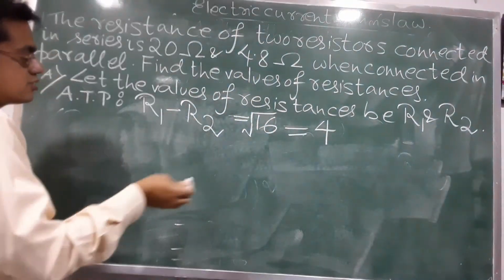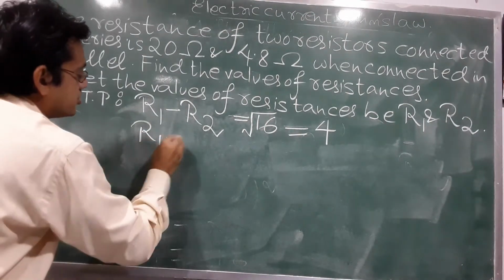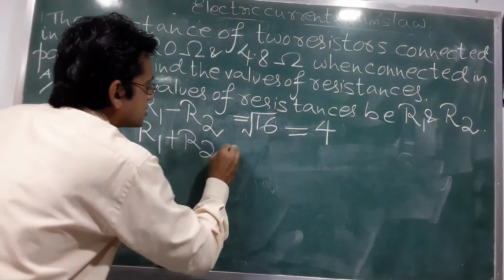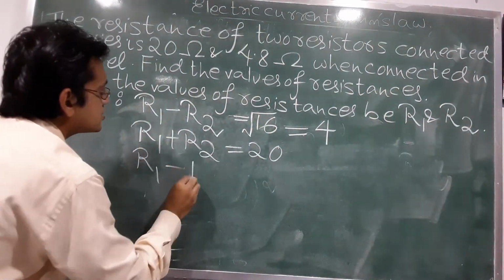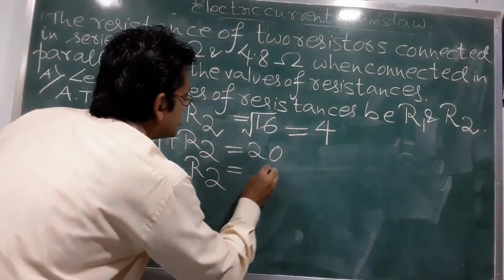So now we will solve the simultaneous equations. R1 plus R2 equal to 20. R1 minus R2 equal to 4.